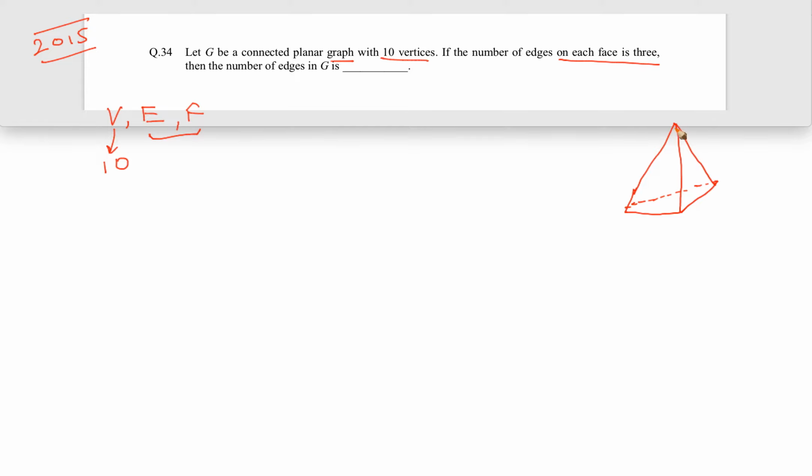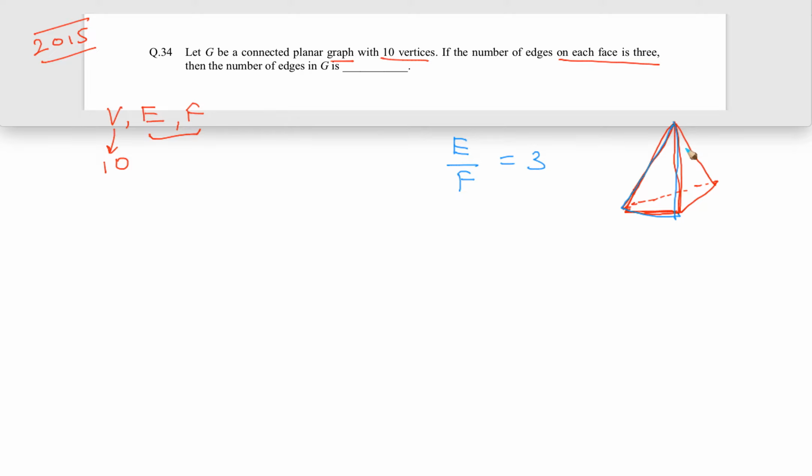Let's focus on this face. We can clearly see that the number of edges on each face is 3. So I drew an example where the number of edges in each face is 3. So number of edges divided by number of faces is equal to 3.